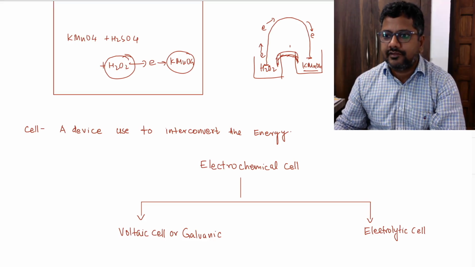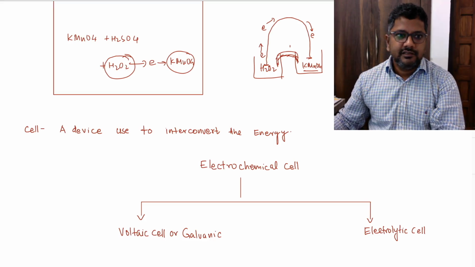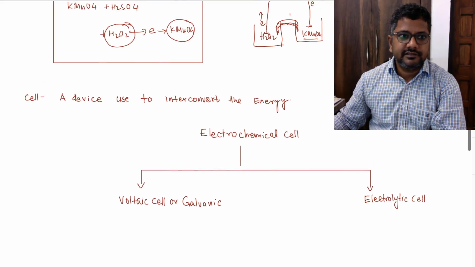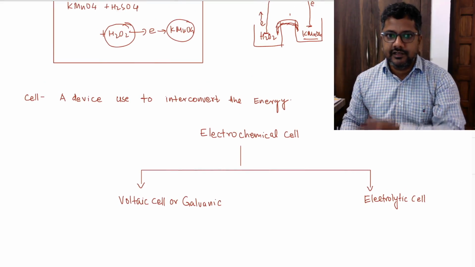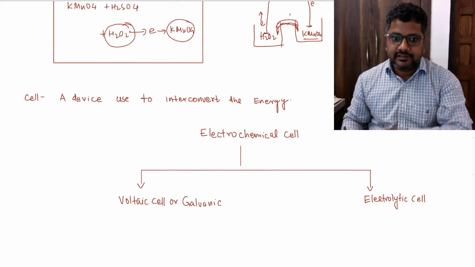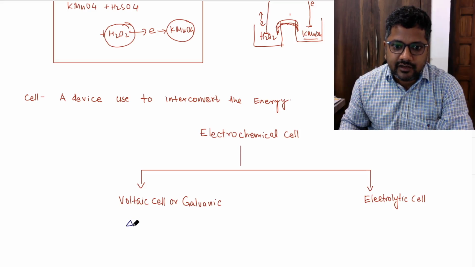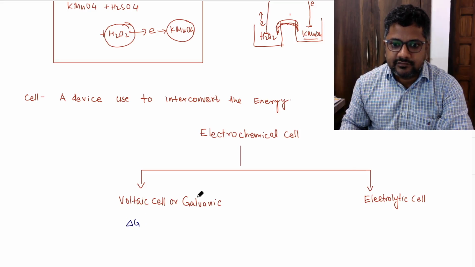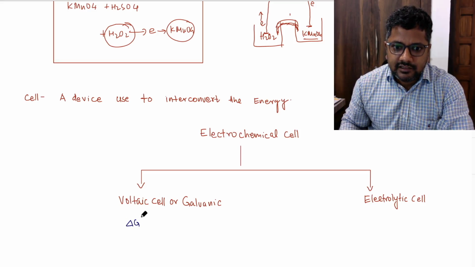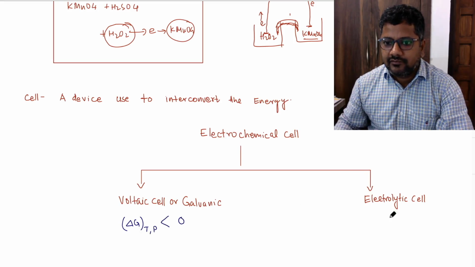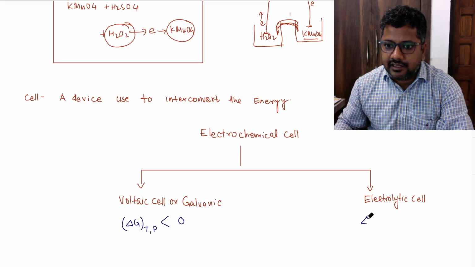What is the basic difference between these two? The basic difference is here in these two cells. Here the delta G for the voltaic cell at a given temperature and pressure is less than 0. But for the electrolytic cell, delta G is greater than 0.